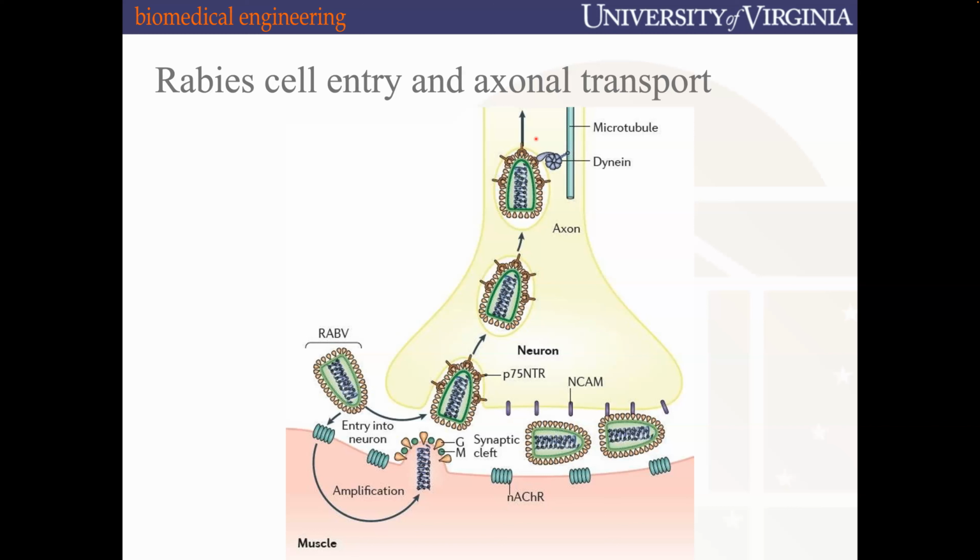It can do the same mechanism, moving from this motor neuron to the central nervous system, all the way up the spinal cord, and then eventually to the brain. So these NCAM molecules, if you remember, they're specific to neurons, the neural cell adhesion molecule. And so this can facilitate the movement across many different types of neurons and in long distances across your body.